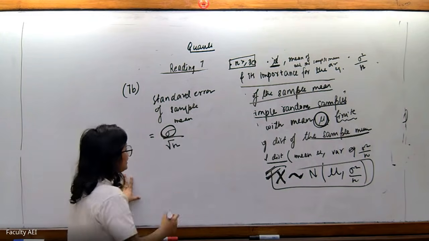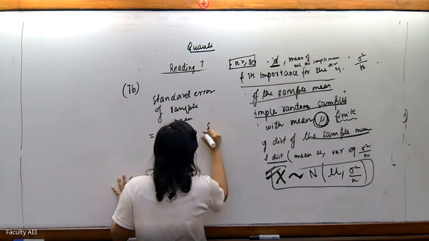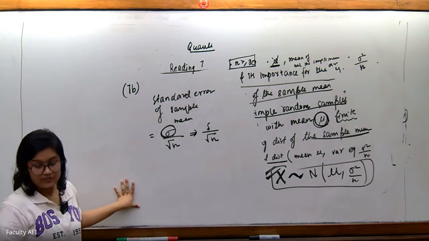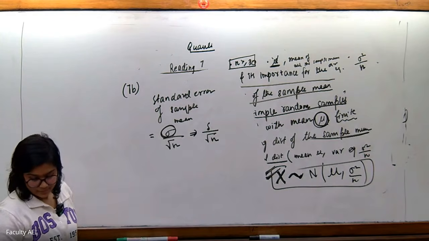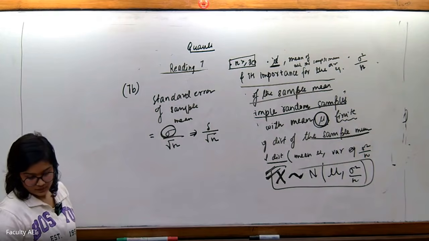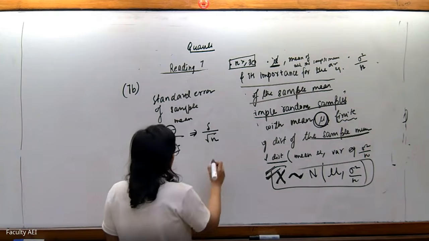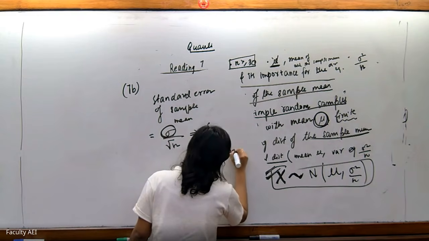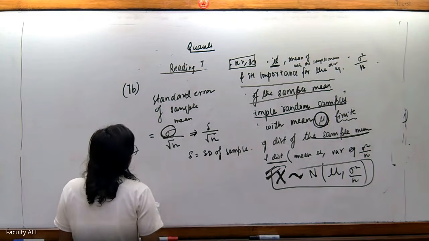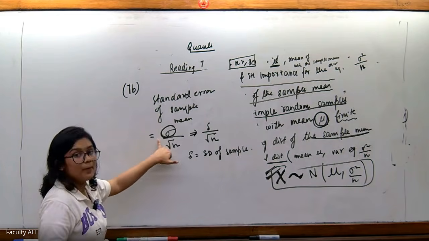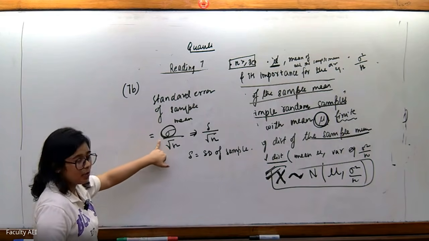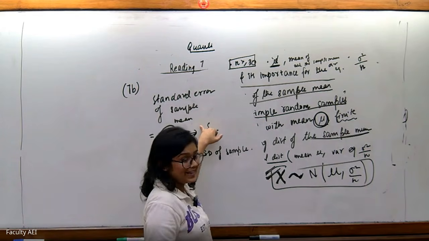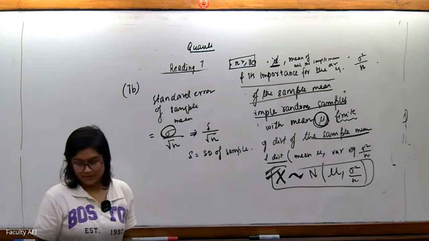So if you do not know it, you will substitute it by S, where S is your standard deviation of the sample. So in most cases, you would not know what the population standard deviation is, so you substitute it by S.